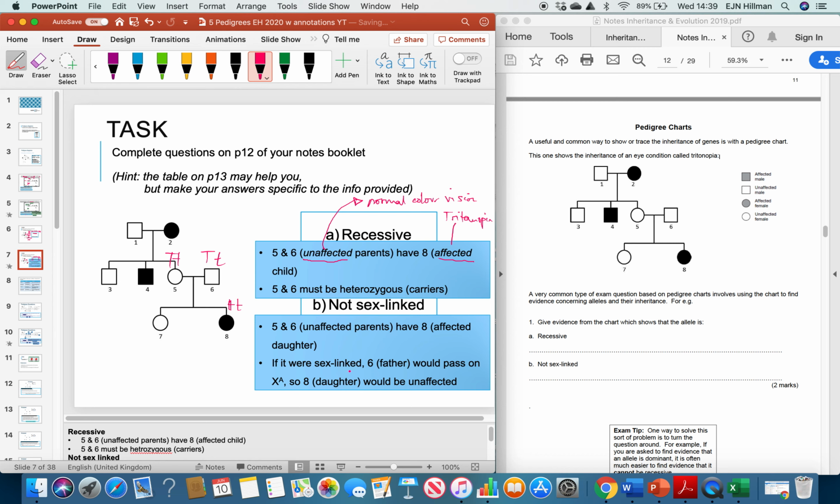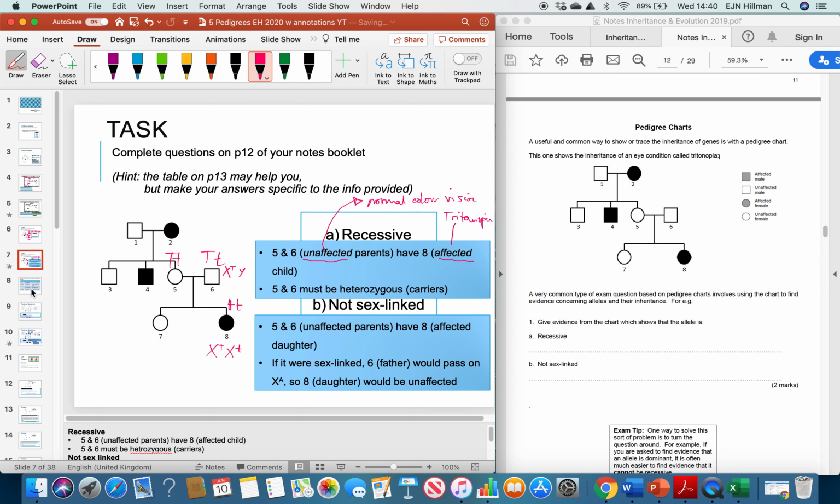If it were sex-linked, 6, the father, would pass on, and they've used a capital A there, but it could be capital T. So the daughter would be unaffected. If it were sex-linked, he would pass that on. The daughter would end up being this, and if she had that dominant T, she would have normal colour vision.